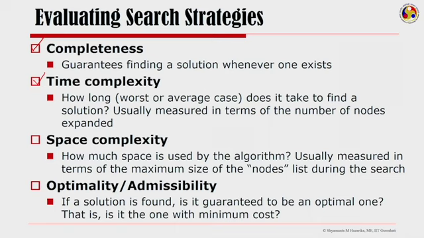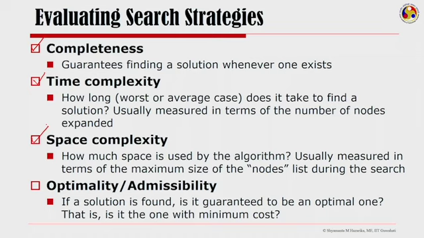This is usually measured in terms of the number of nodes that the searching technique expands. Next, we talk of space complexity, how much space is used by the algorithm. This is also usually measured in terms of the maximum size of the nodes list during the search. And then there is the question of whether this search technique is optimal or admissible.